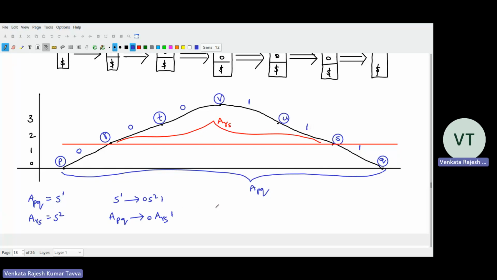Okay, so that's it. This is the main rule. Now you can apply this recursively and you can get all substrings. ARS can have a substring like ATU, but you don't need to write a separate rule for that. In that case, ARS will play the role of APQ and ATU will play the role of ARS, right?